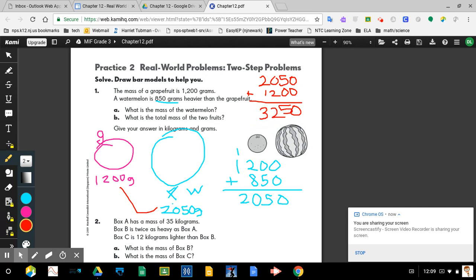So my answer is 3,250 grams. And I want to give it in kilograms as well. And I know if I want to give it in kilograms, it is 3.25 kilograms.